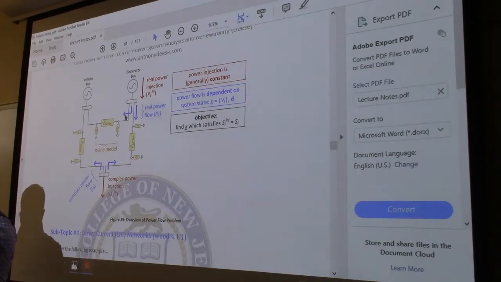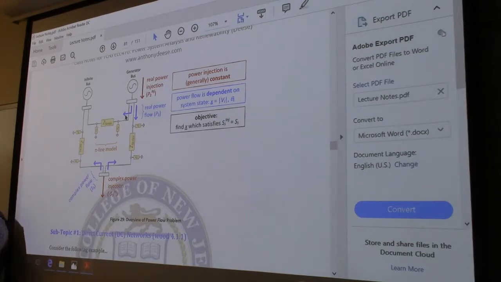So a generator bus is going to be defined by the real power that it's supplying to the system, as well as the magnitude of the voltage at that bus. So for a generator bus, you may know the magnitude is 1.1 per unit, and you know that it's outputting 0.5 per unit real power. You don't know what the angle is, and you don't know what the Q value is for it. So when you're solving the power flow problem or the load flow problem, those are the two values that you're trying to get. You're trying to get the delta, and you're trying to get the Q.